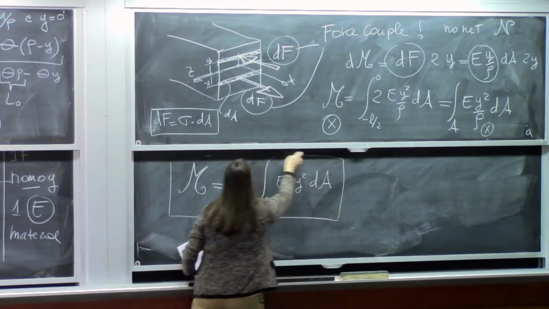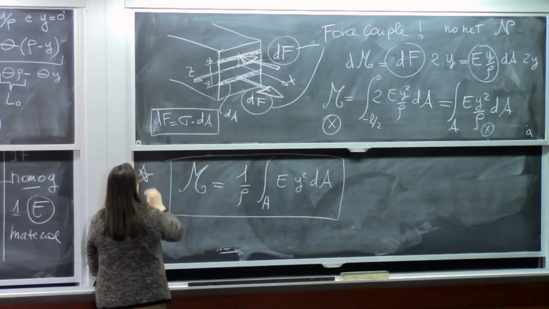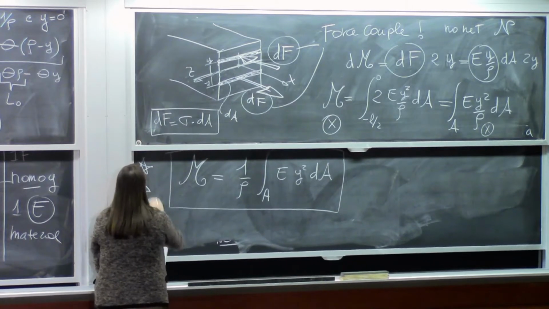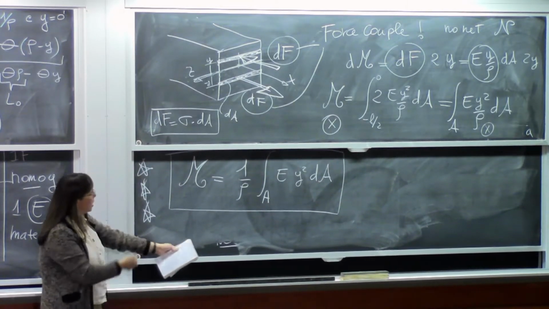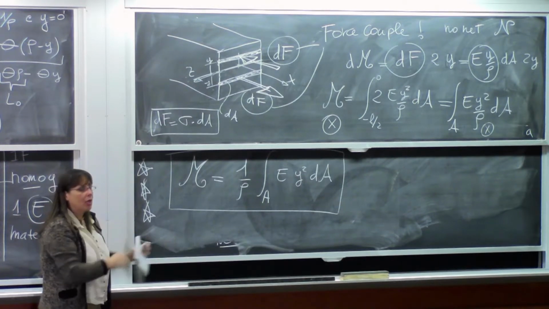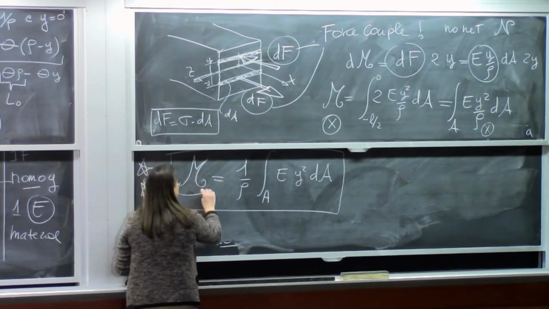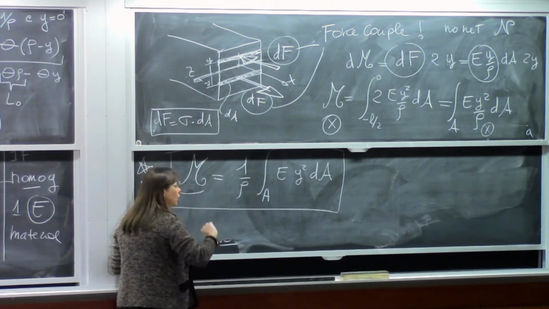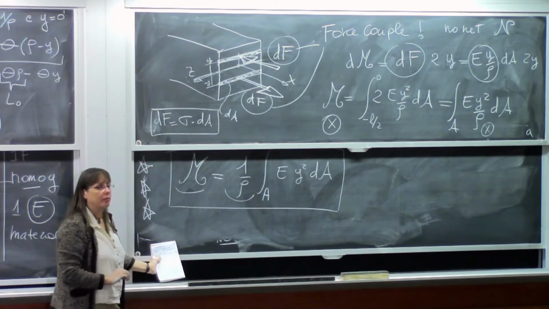See this? A gazillion stars. This is like the whole Milky Way of stars. This is the relationship between the moment, the internal resultant, and the deformation, which is the curvature.